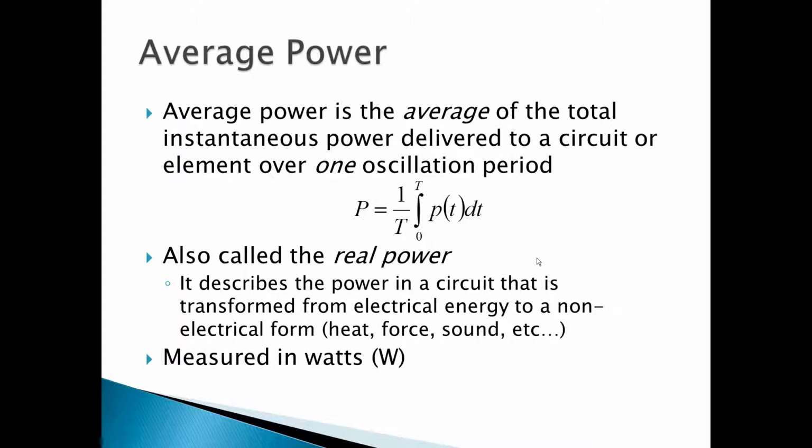So this is how energy is transferred from electricity into heat, into a force, into a sound, into some other non-electrical form of energy. And we measure the average power in units of watts.